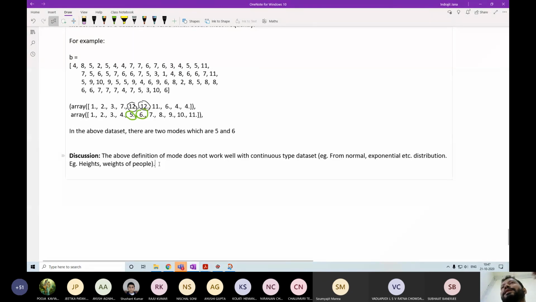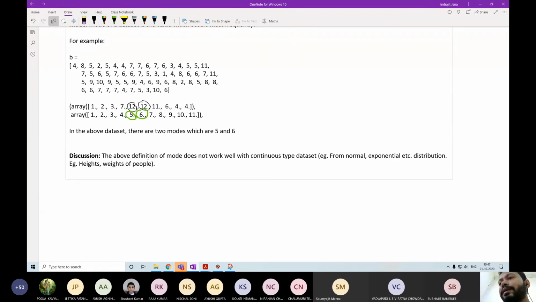Or weights, you can have like 67 kg or 67.3, 67.31, 67.29. I mean, all possible numbers are there, right? So these are continuous type data sets. What happens there? As you know very well, the probability that a continuous random variable takes a particular value is 0.